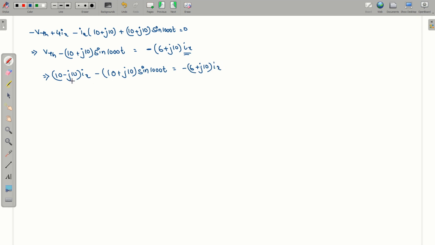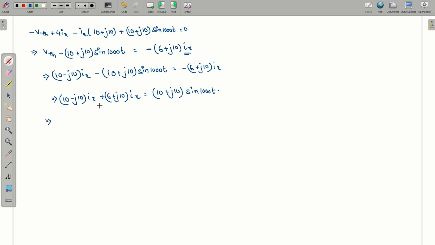So if I take it over here, this will be (10 minus j10) Ix plus (6 plus j10) Ix is equal to (10 plus j10) sine 1000t.